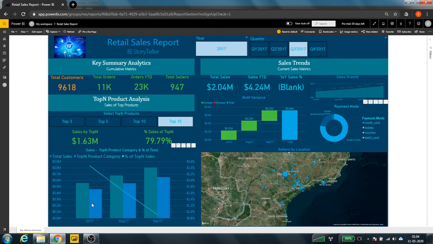So now I can look at the month on month sales and the product category for the customers who paid through a credit card, right? So there were 9,618 customers who paid through the credit card, and 11,000 orders for the year 2017.